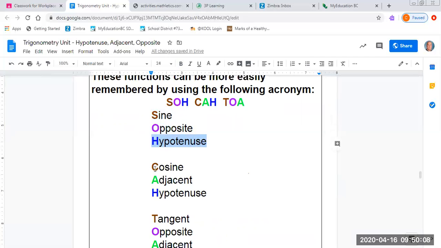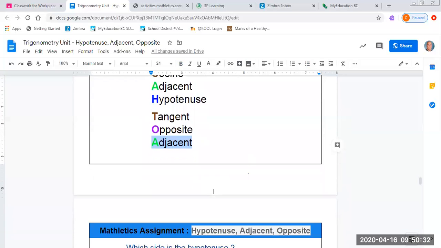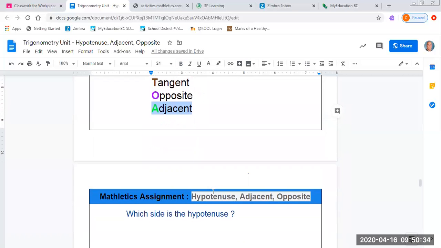Likewise, the C in CAH stands for cosine, reminding us that it's adjacent over hypotenuse. And the T in TOA stands for the tangent function, reminding us that it is calculated by taking the opposite side length divided by the adjacent side length. So hopefully that makes sense to you, and you can remember that going forward.